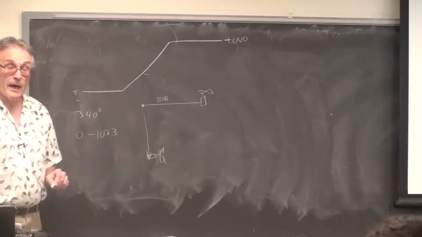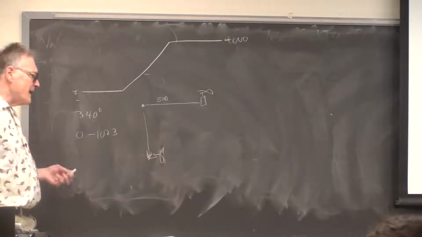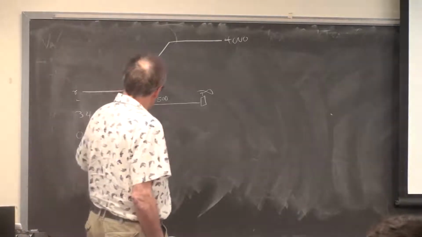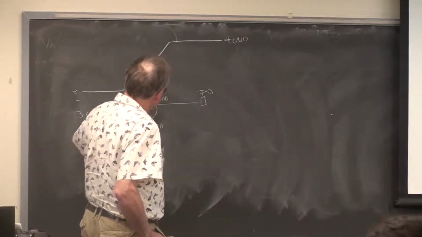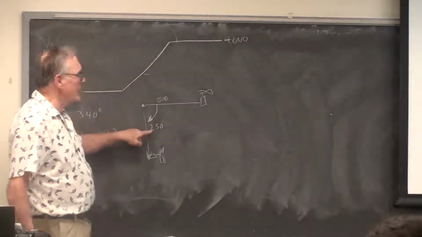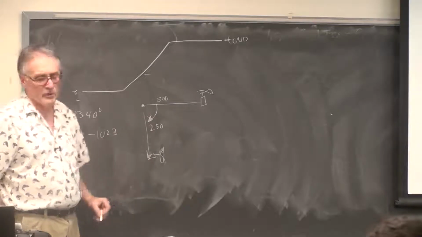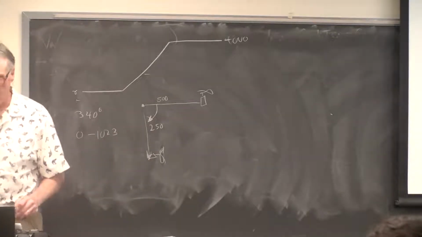So we can ask how much is 90 degrees, and it's around 250 units. So when it's hanging straight down, we're going to have an ADC output of around 250 units.